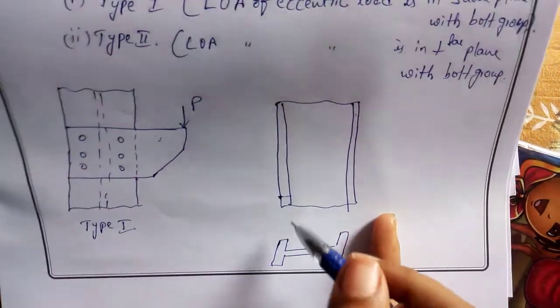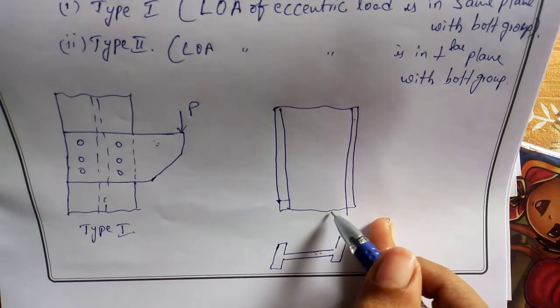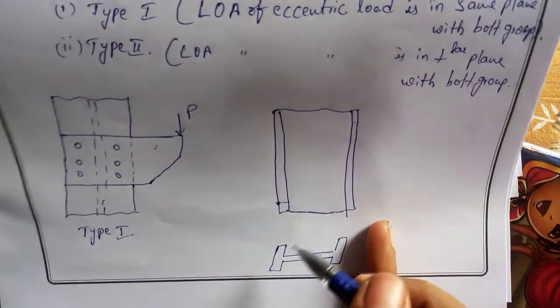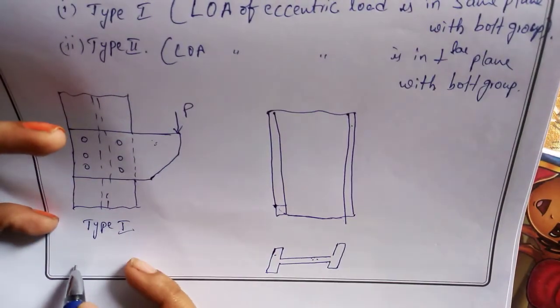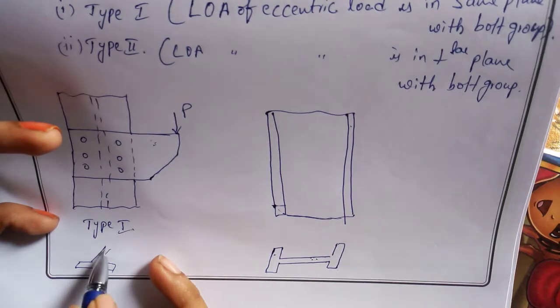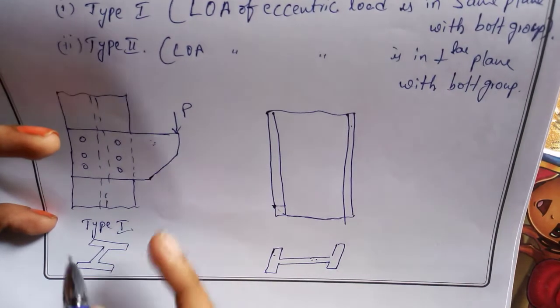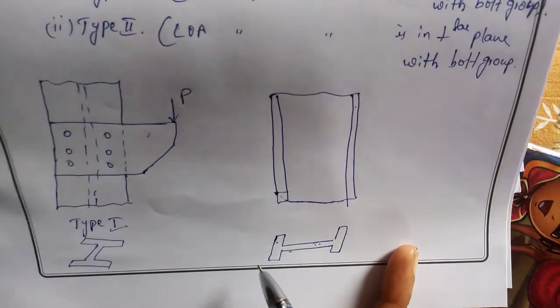That means whatever flange area we have, this is the main line, and these two are webs. In this case the diagram was like this, the I section, so you can imagine these are the top views. These two are top views.